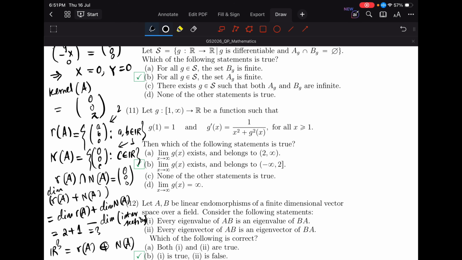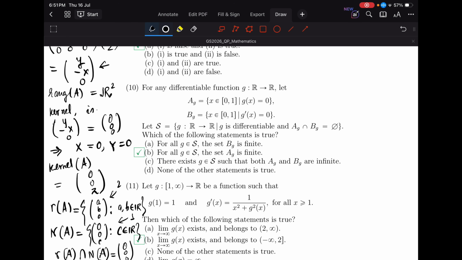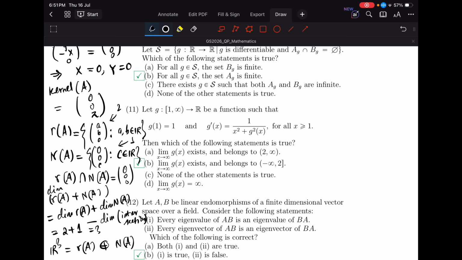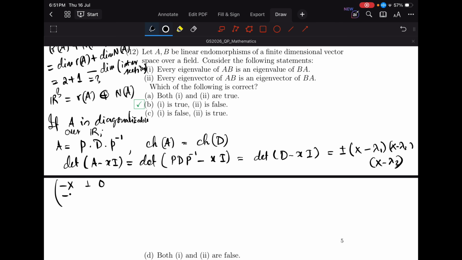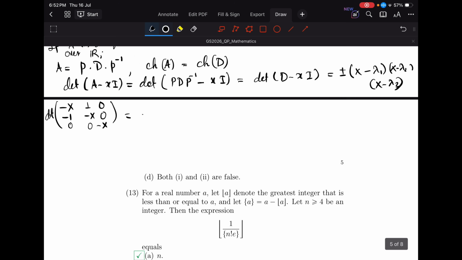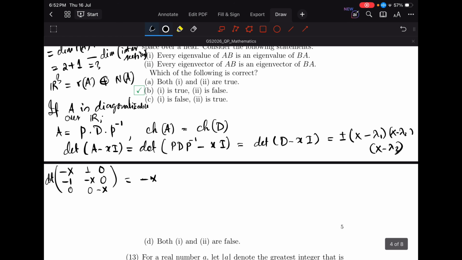But if you compute this for this particular matrix, you have the matrix with rows (minus x, 1, 0), (minus 1, minus x, 0), and (0, 0, minus x), and the determinant of this is minus x times (x squared plus 1).